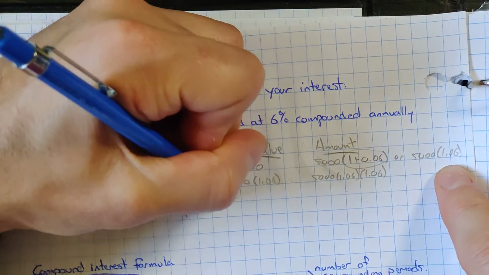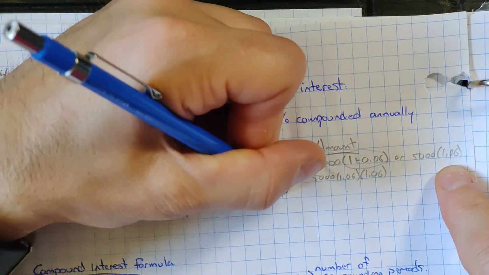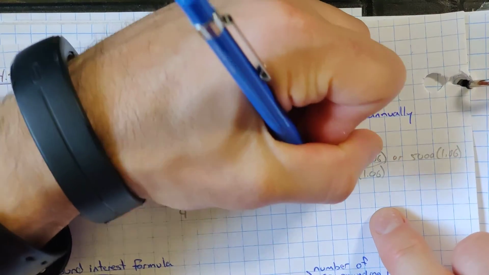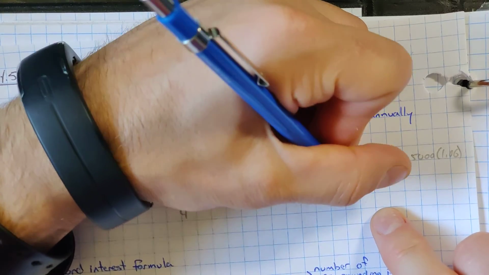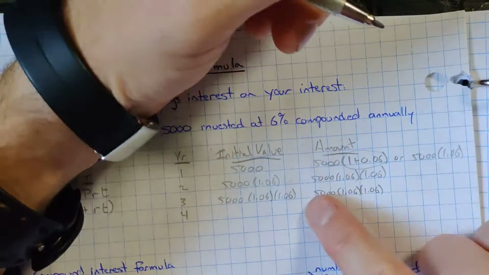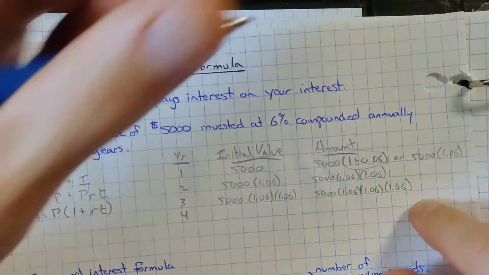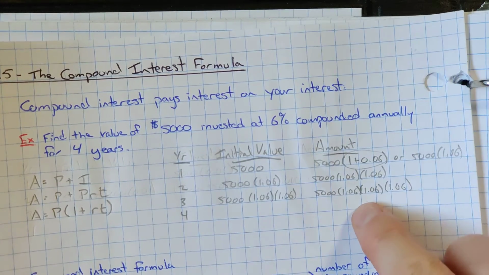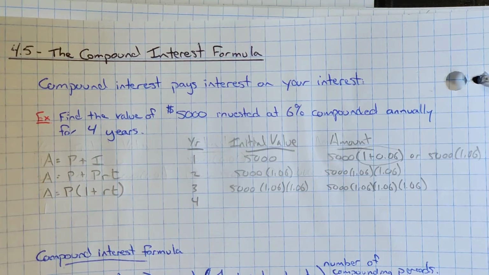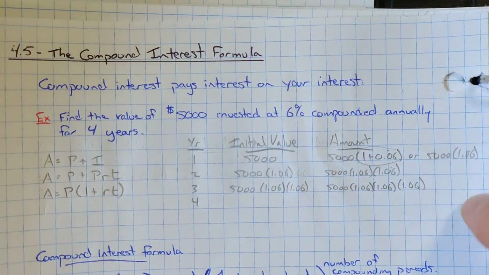And then the next one, third year, we're just going to multiply it by 1.06 yet again. Bracket 1.06. So there's our initial value times our interest rate. How could we simplify that? 1.06 times 1.06 times 1.06. It's 1.06 to the power of 3, to the power of 2, to the power of 1.